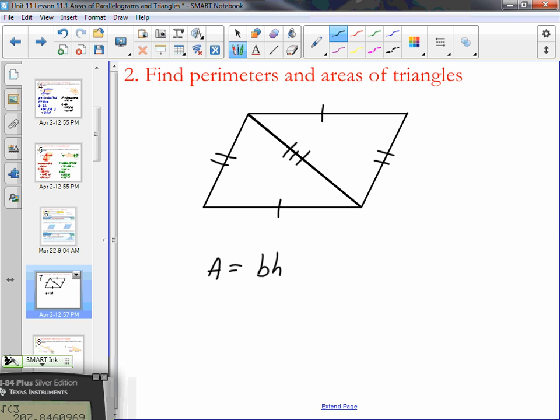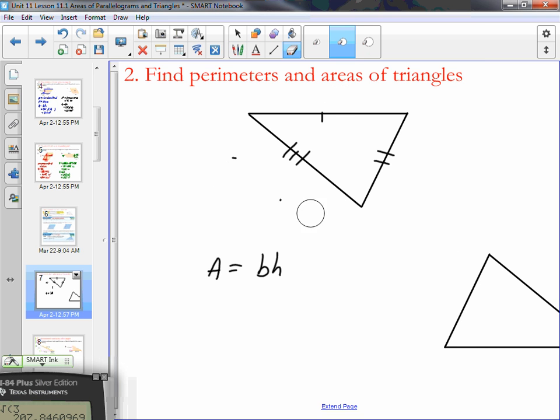Wouldn't the area of each one be half the total area of the parallelogram? So if I take one of these triangles and get rid of it, the area of what's left is half the original area of the parallelogram. And that's where the formula comes from for the area of a triangle. Make sense?